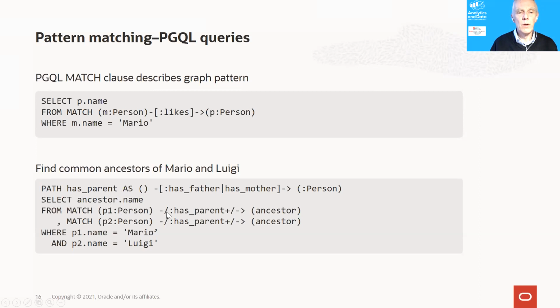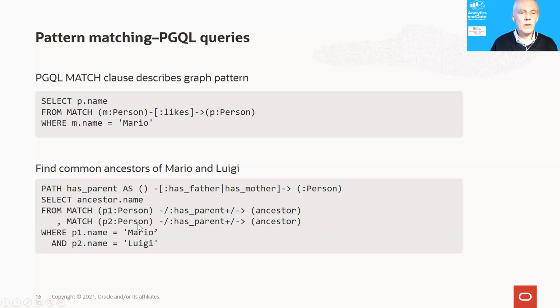You have a vertex of type person which is connected through a has parent relationship to a variable called ancestor, and the specific of that edge here is that it denotes one or more hops. So it doesn't necessarily mean this person connected to that variable ancestor, but it can be this person connected to another person to another person to another person, which is then connected to this ancestor.